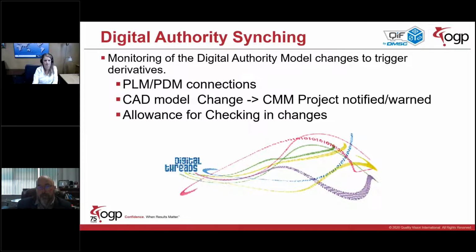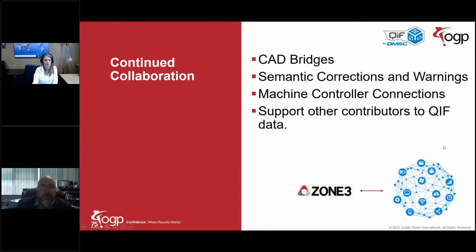So there's a lot of growth area there to have these software packages communicating to each other to say, okay, there's a change, let these other 10 software packages know there's a change, and either hopefully automatically make that change, or at least trigger them to make that adjustment and stay in sync, and allow checking in those changes to the digital authority model as well. So I see a lot of growth in that area.